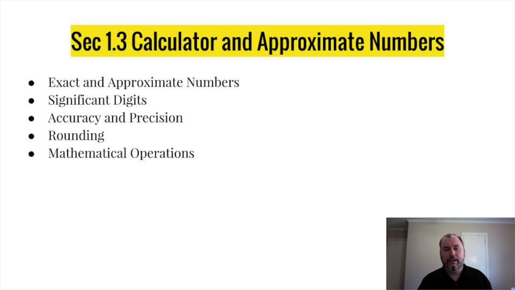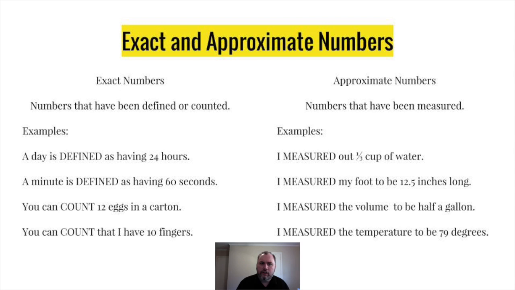A lot of people don't like significant digits, but if you can learn some very simple rules, it's not as bad as what people make it out to be. And using those rules, we'll be able to calculate accuracy, precision, rounding, and different ways of doing mathematical operations with approximate numbers.